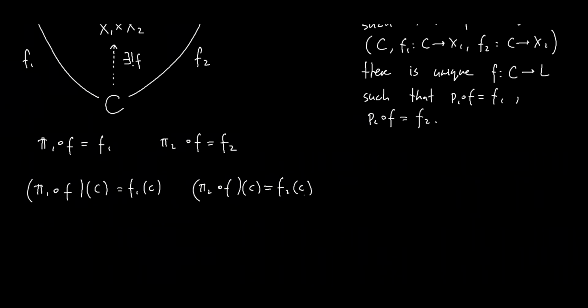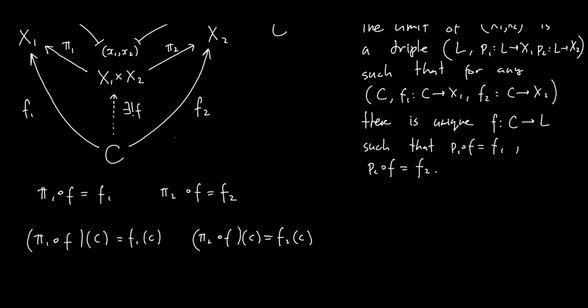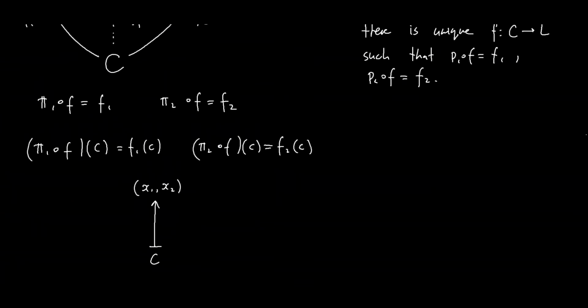Because the function f would map an element C. So following the geometry of the previous picture, function f would map an element C to some ordered pair. Let's call this ordered pair x1, x2. And this is my f of C, right? And then when I apply pi1 to it, it basically tells me what the first component of that ordered pair is, right?